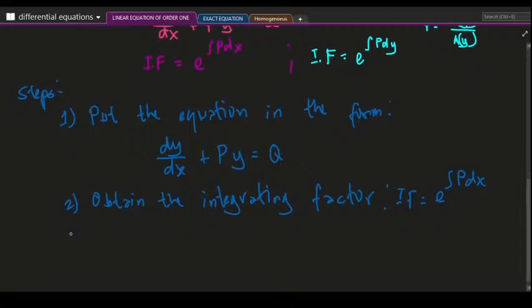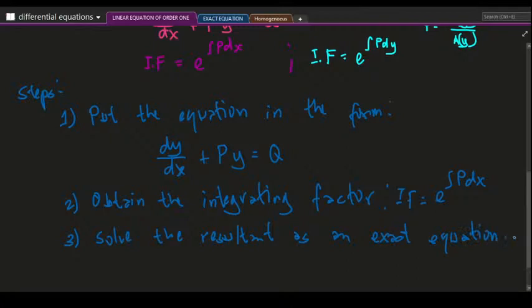Then the last one, to get the general solution, solve the resultant as an exact equation.